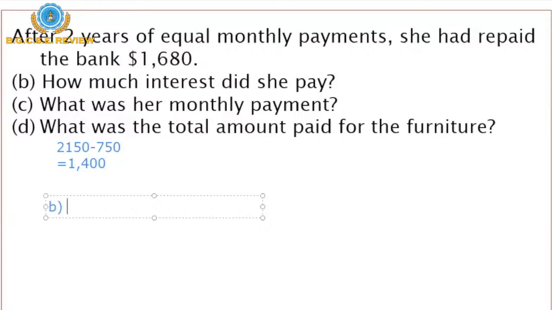How much interest does she pay? Let's focus on what they mean by interest. You know, usually when you make a loan or you borrow some money, you have to pay an additional amount back. That's interest. And so we know that she borrowed $1,400. But the question tells me that she repaid $1,680. So she had to pay back a little bit more than she borrowed.